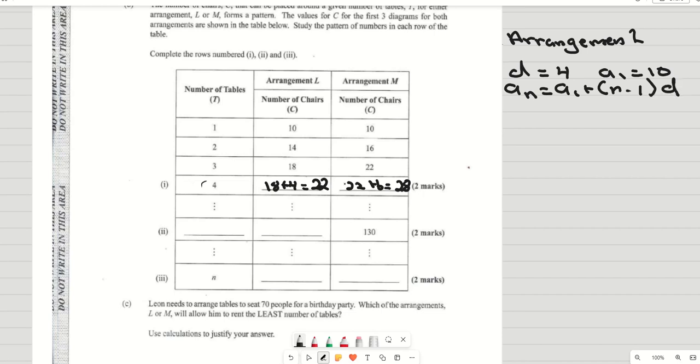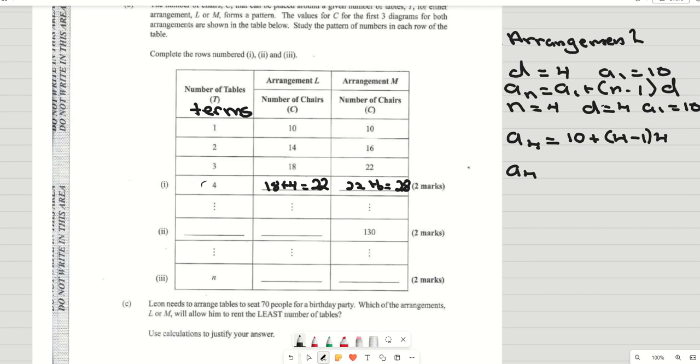If we want the 4th term, that means that n is equal to 4, because the number of tables is your term number. Okay? So n is equal to 4, d is equal to 4, and A1 is equal to 10. So you're going to say A4 is equal to 10 plus, open bracket, 4 minus 1, by 4 here.